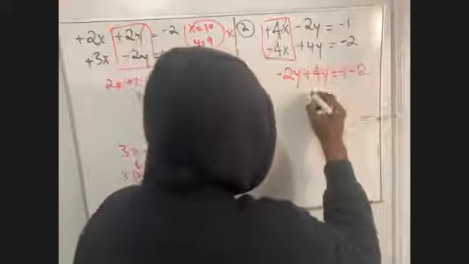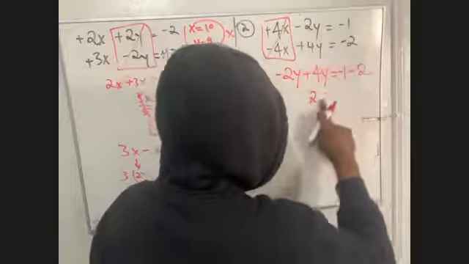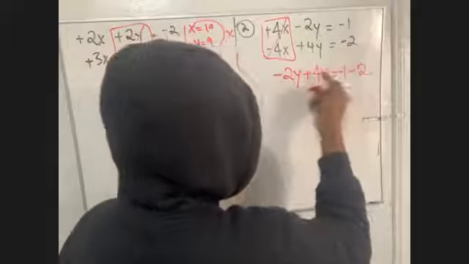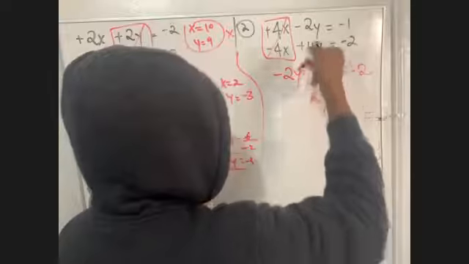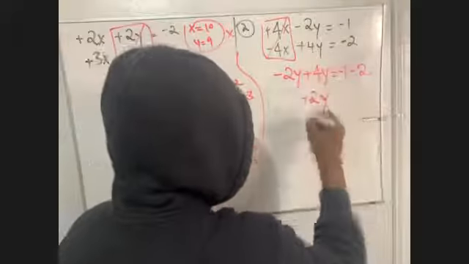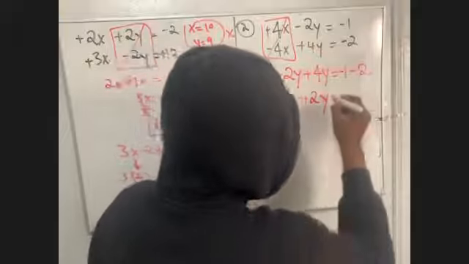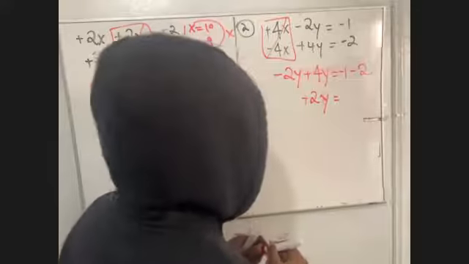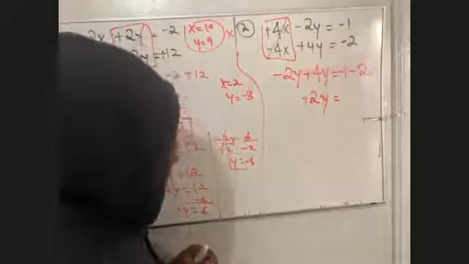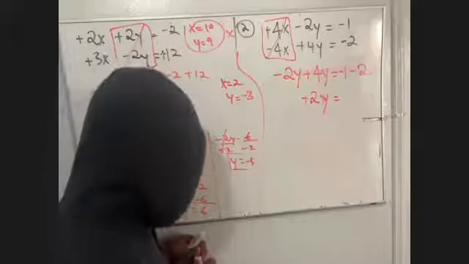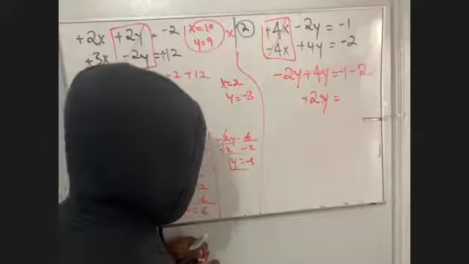Because different sign we subtract, 4 minus 2 is 2. We keep the sign of the bigger number, which is positive. +2y. So what do we do here? -1 minus 2. What is it giving us? -1 minus 2.